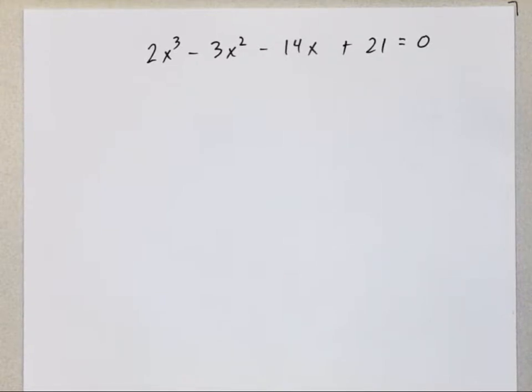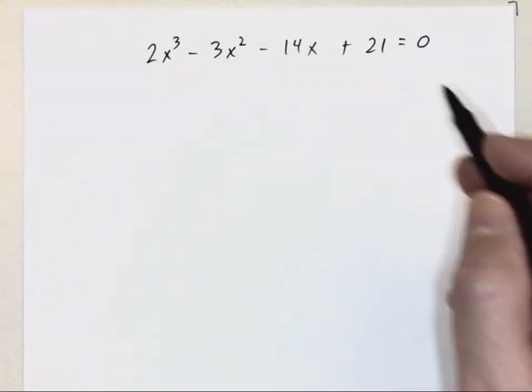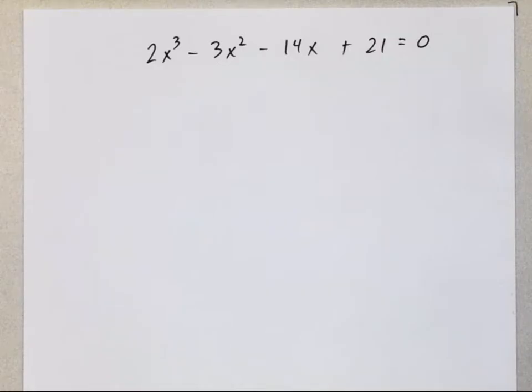If it doesn't work, then you have to go through the whole process of rational root theorem and all their possible factors, and then your synthetic division, and it's just a lot more difficult process. So hopefully, we'll cross our fingers, maybe this will work with factor by grouping, and you won't have to go to the long process of rational roots and stuff.